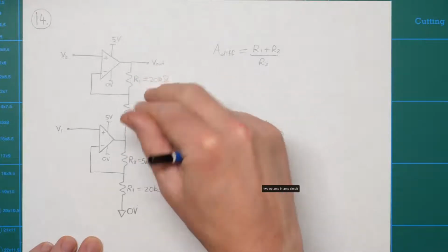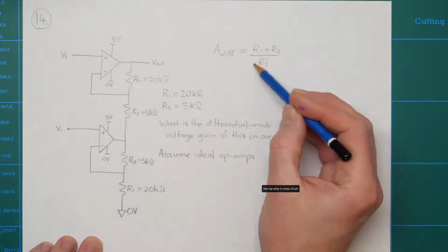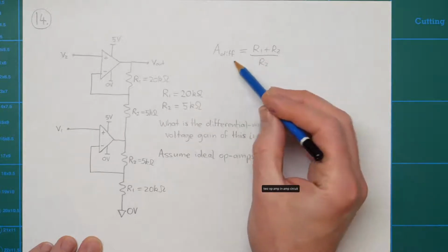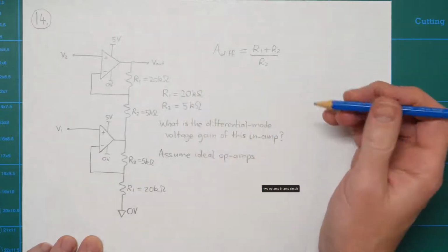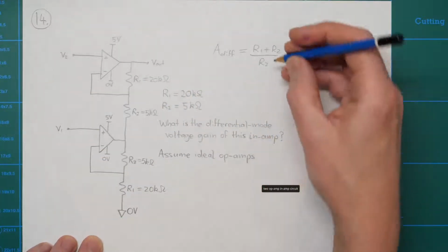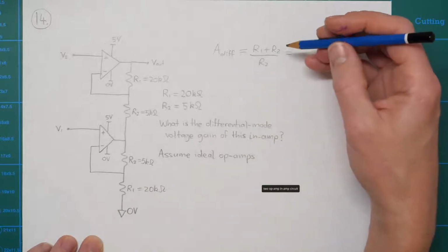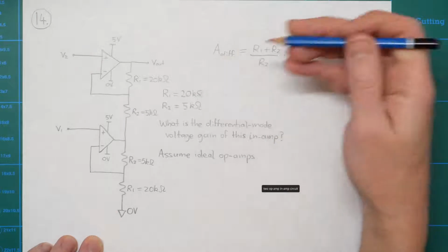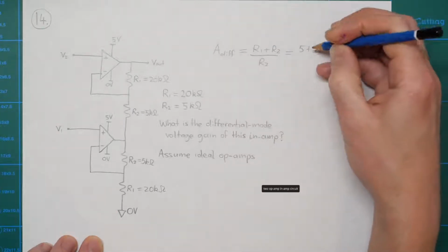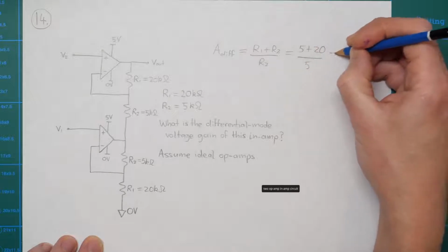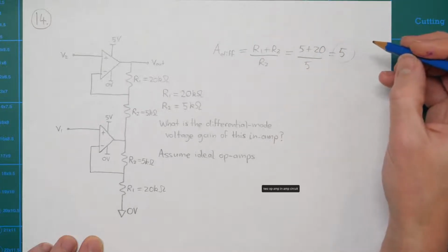Hence it's R1 plus R2 over R2. That's the differential mode gain of this in-amp. I'll calculate that first: 5 plus 20 divided by 5, which is just equal to 5. So the differential mode gain is 5.